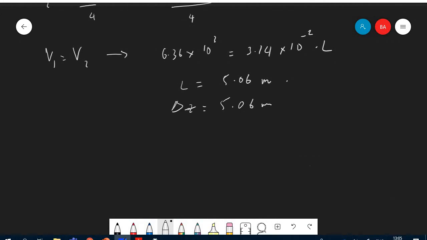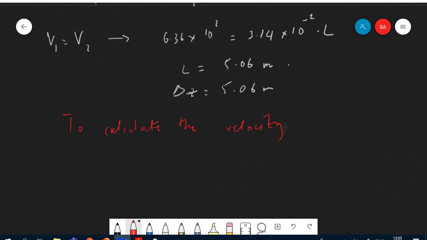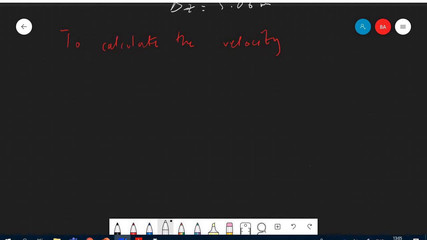So what else? Now what I need to calculate, I said that I don't have the velocity. To calculate the velocity, what I need here is the volumetric flow rate. We know that the volumetric flow rate is the volume given to us that should be taken out within 1 hour. So that much meter cube should be taken out in 1 hour.